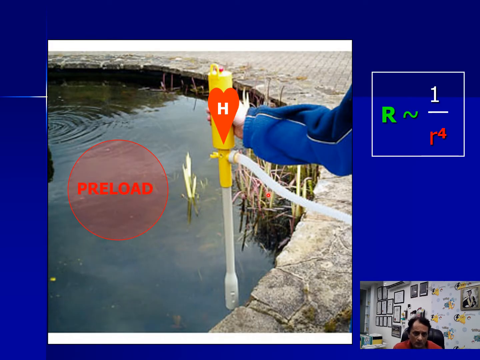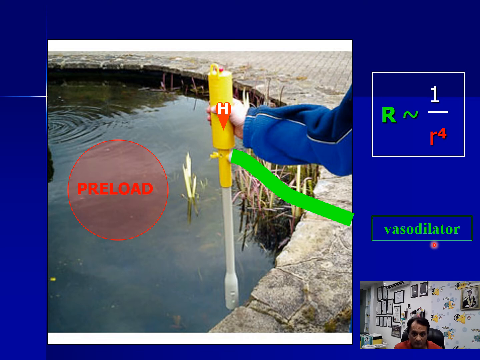In this picture, we can discuss the relation of the heart with the afterload. We know this is the preload and this is the heart, but if for some reason the heart contractility decreases, like in myocarditis, then you don't have many options. If you are optimizing preload in myocarditis, although it does work, ultimately what works is a vasodilator.